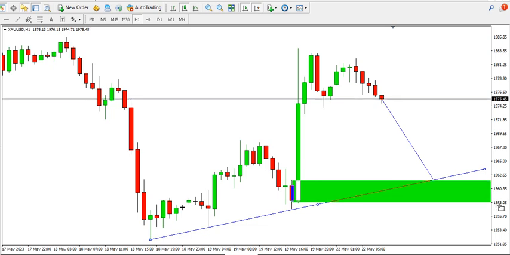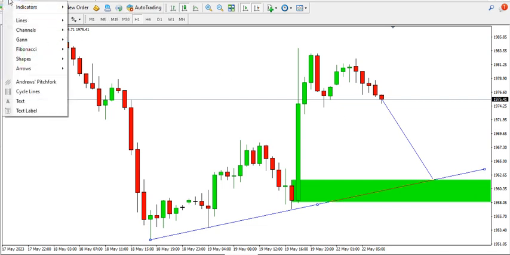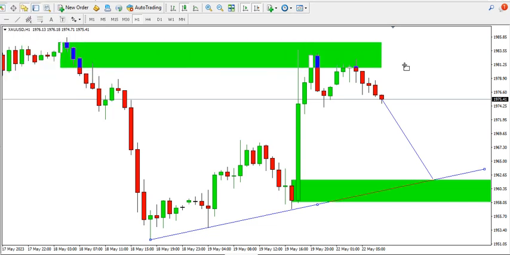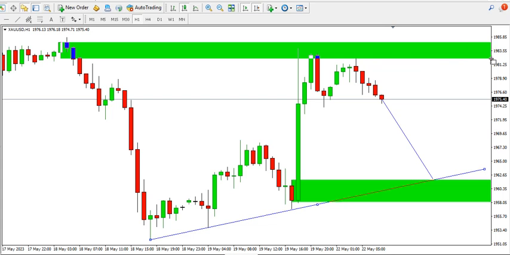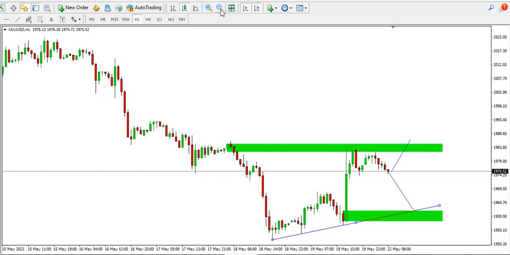But this particular order block is where price is trying to break. It's trying to break this resistance. If price is able to go back up and break this resistance, we might see price aiming for the next order block.